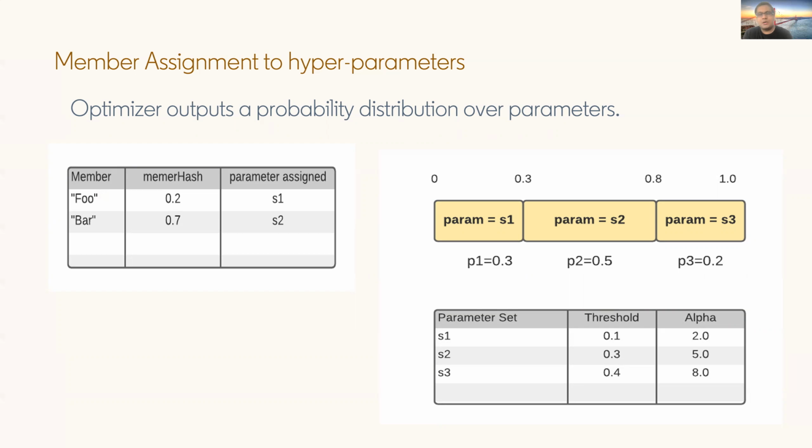And similarly for bar, when you hash it, you get 0.7. And so now when you walk on this PDF, you will assign it to the S2 configuration, and what S1 and S2 resolve to in terms of the hyperparameter values is shown in the right hand side table. So this is how you do the member assignment.